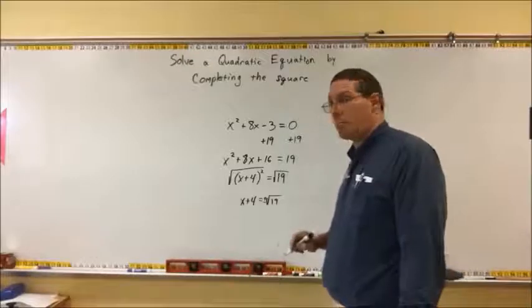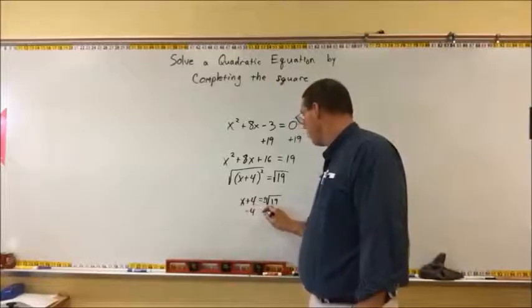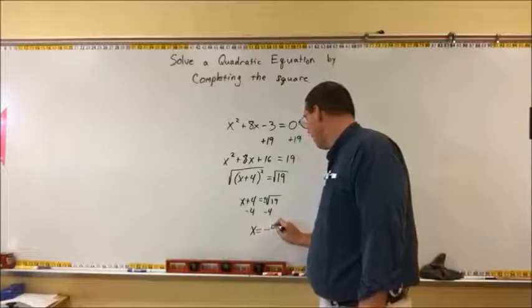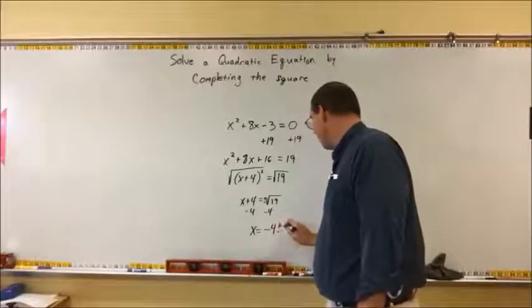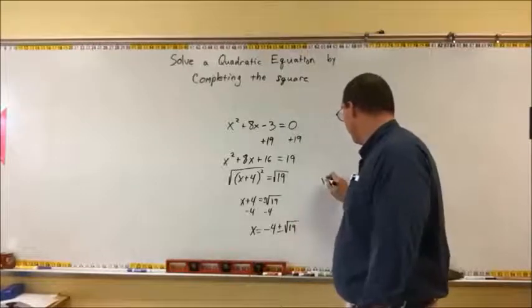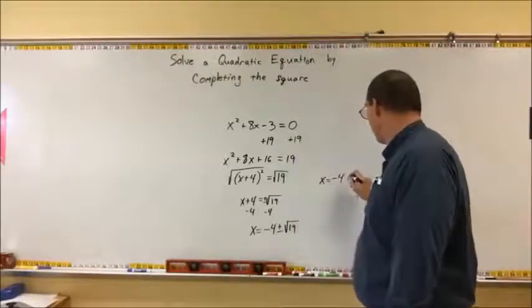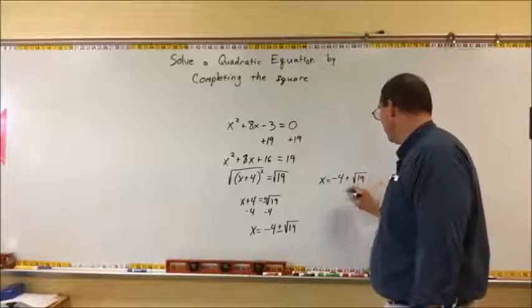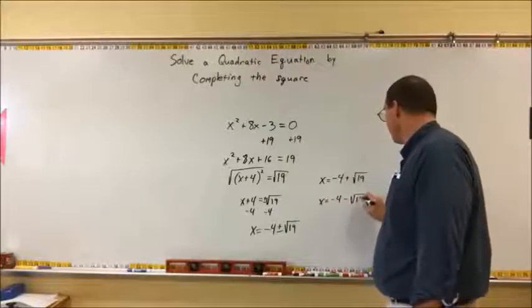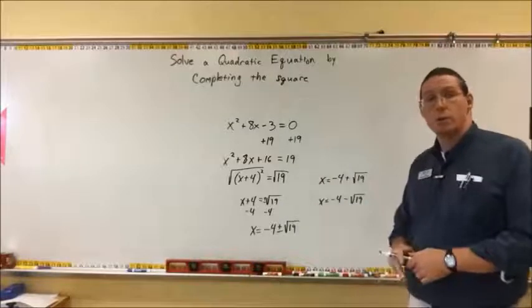Don't forget the plus or minus. Then we subtract 4 from both sides, and we have x is equal to negative 4 plus or minus the square root of 19, which becomes x is equal to negative 4 plus the square root of 19, and x is equal to negative 4 minus the square root of 19. So those are our two answers.